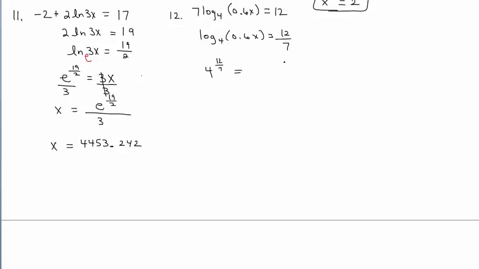Four raised to the 12/7 power equals 0.6x. All I have to do to solve for x is divide both sides by 0.6.